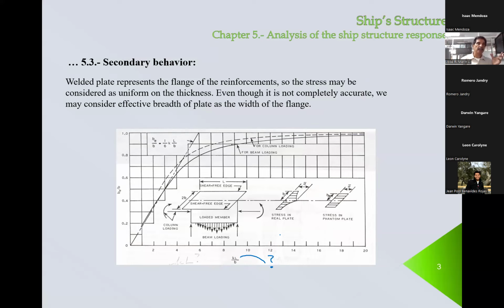K is a percentage. For example, in the case of simply supported, you have zero bending moment on the ends. So in that case, K is equal to 1. Chapter 2. So that's the concept of the effective breadth.